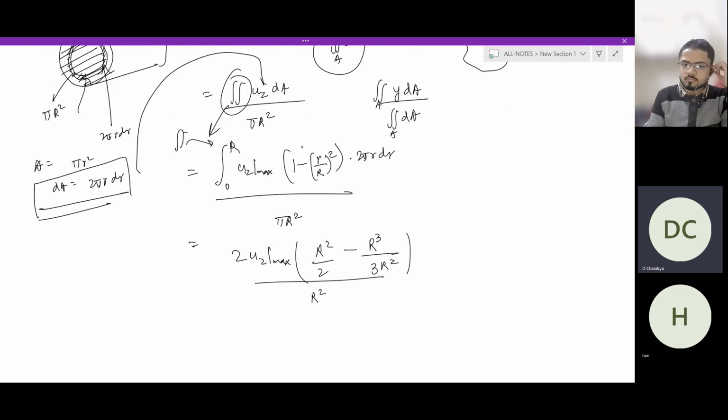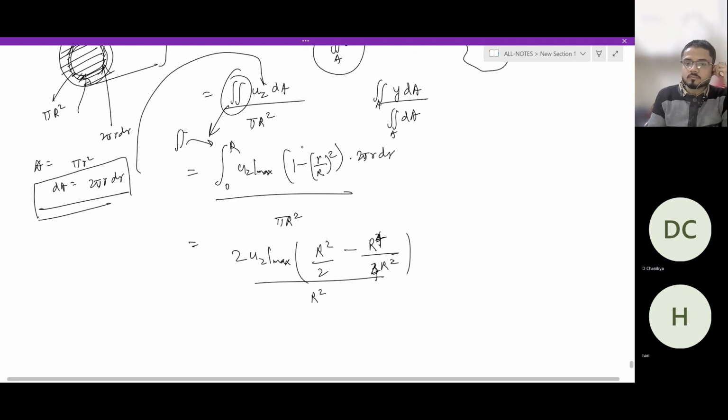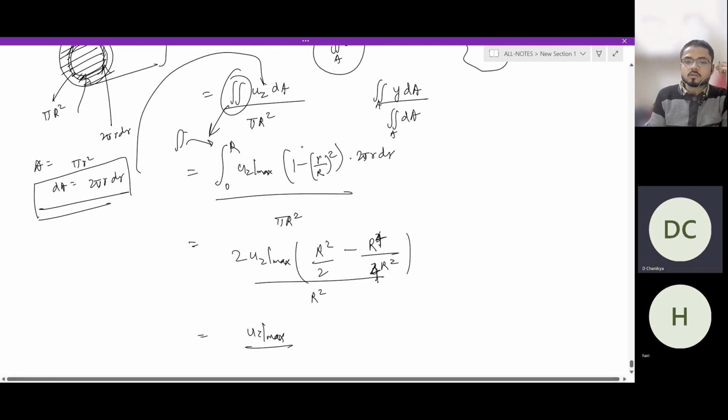That's right? Or wrong? No, that is r square. You have r. Oh, that's r cube actually. So this is r out of 4 by 4, right? All right. So this becomes z max divided by r square times r square minus r square by 4.